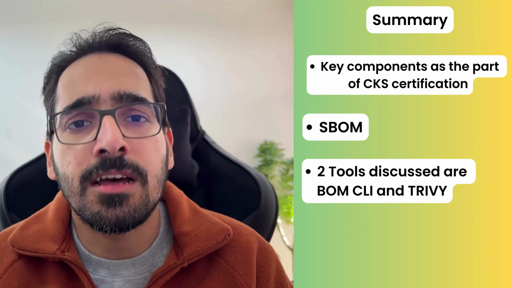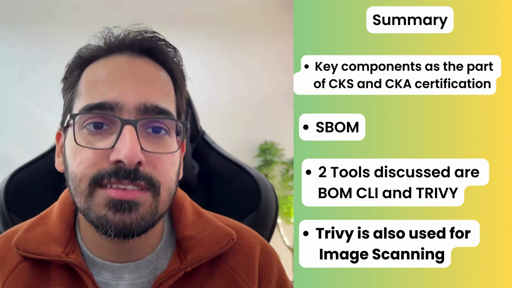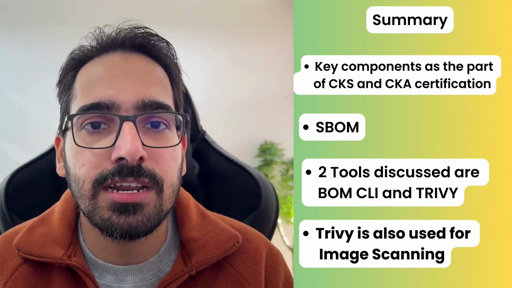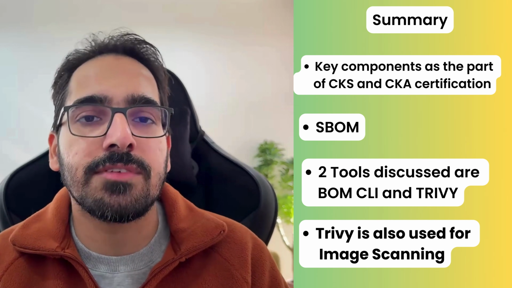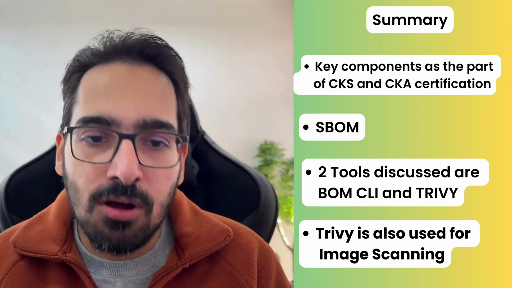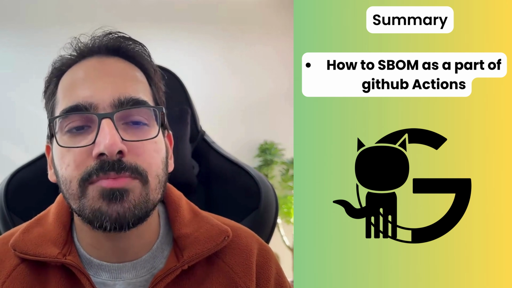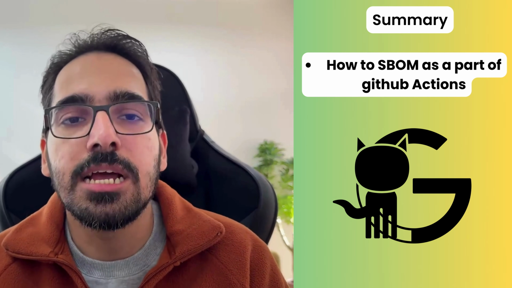Another thing that Trivy is used for is image scanning, and how you can scan the images and find the vulnerabilities associated with those images and see if you want to do something with that, like update the deployment or do whatever is needed. And also in the end, we saw how to put SBOMs as part of your GitHub Actions and do it as part of your regular CI/CD pipelines. So that's pretty much it from the CKS perspective, what you need to know about SBOMs and image scanning. So these are the two things that we discussed in this particular video.